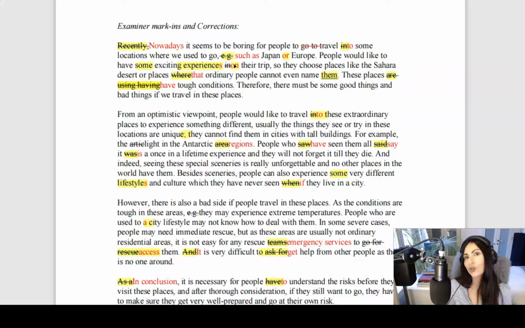Therefore, EG was excluded and crossed out and replaced with the terms such as. The term for instance, for example, an example of this, or other examples are just as good. The student or candidate then left out a particle between the words Japan and Europe, which I then put in.